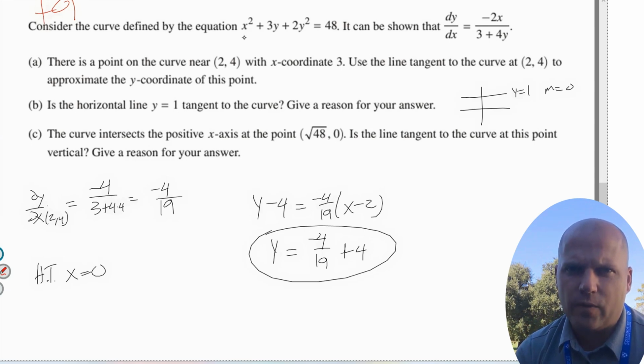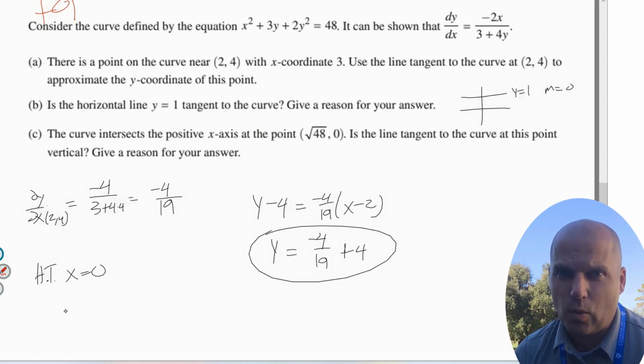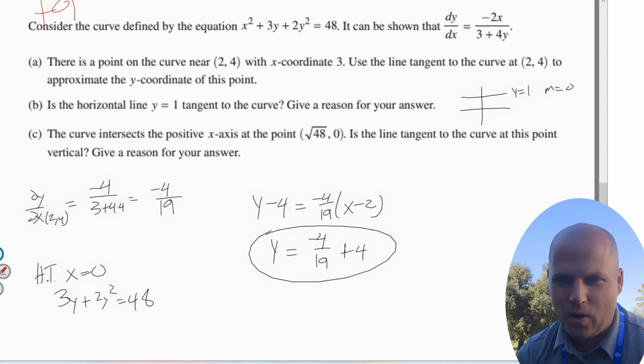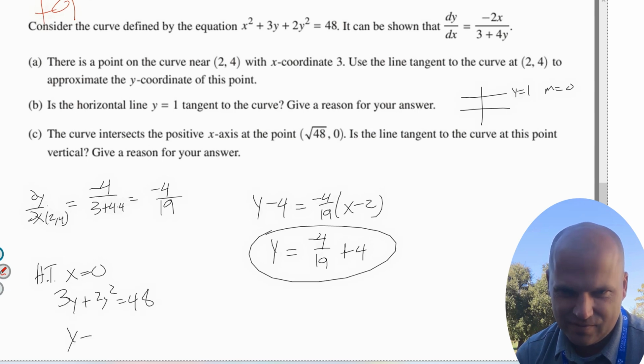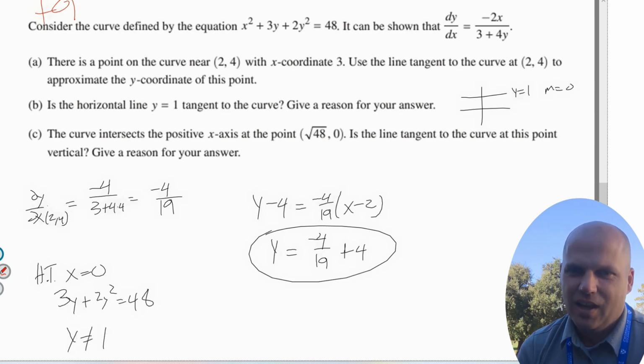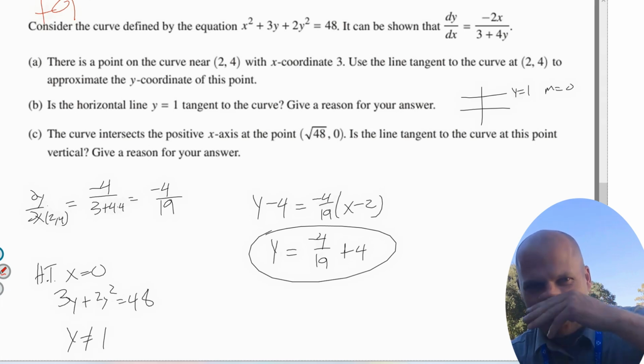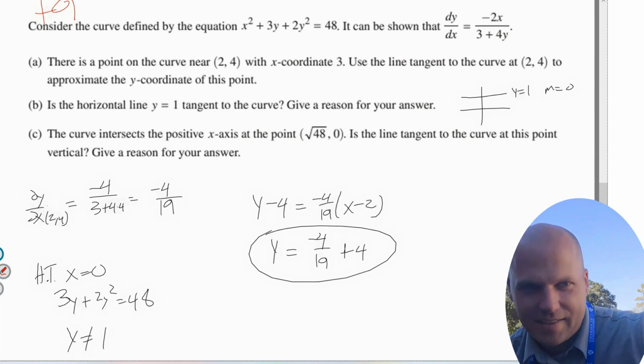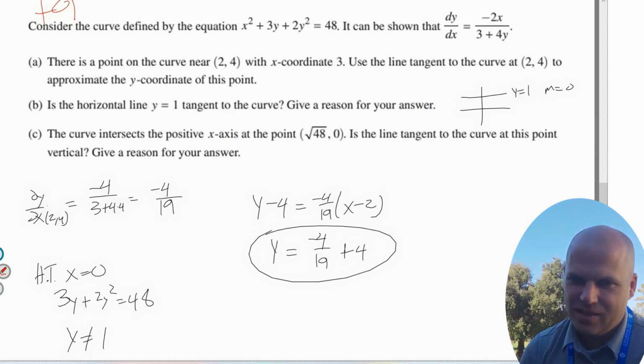I'm wondering if, when x equals 0, y equals 1. When x equals 0, you get 3y plus 2y squared equals 48. Y is not equal to 1. Which means the line y equals 1 can't be your answer.